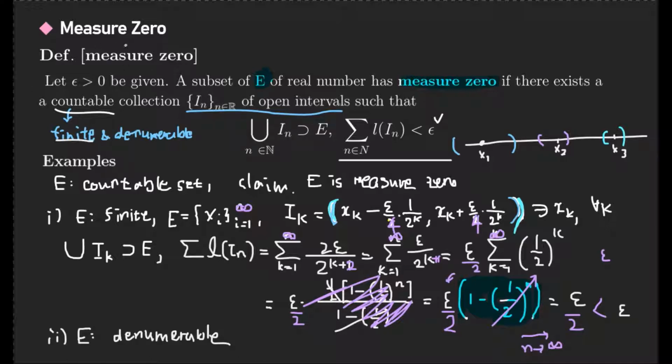I will just deal with measure 0. But in the next lecture, I will introduce what a measure and a measure space are, and then define the measure. A measure is a type of set function. I'll explain it in detail in the next lecture.